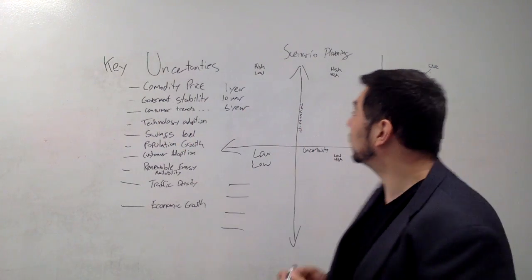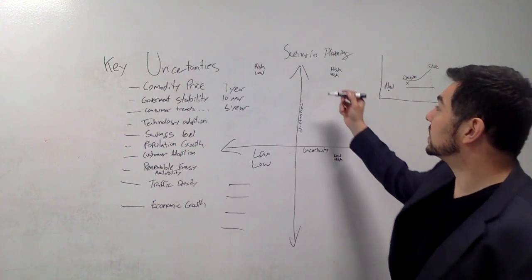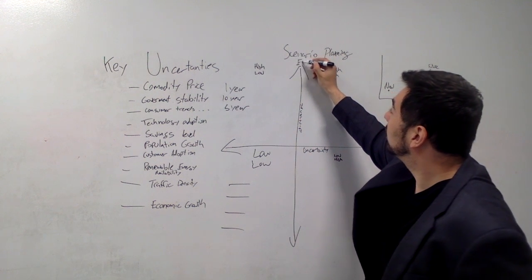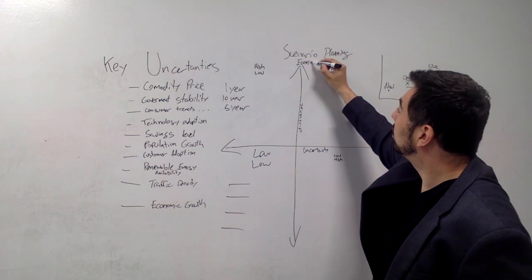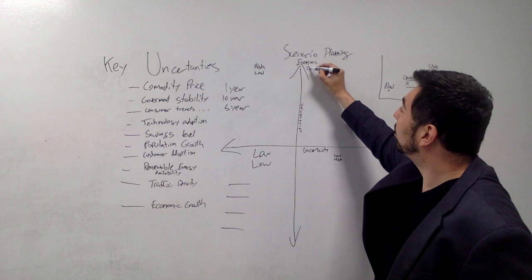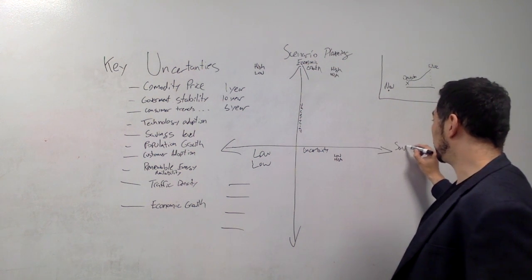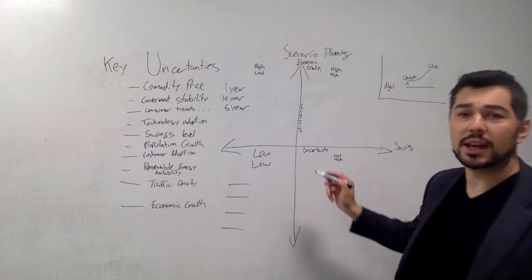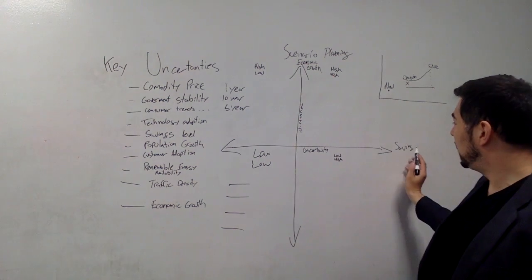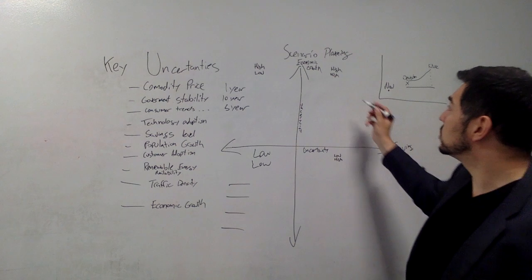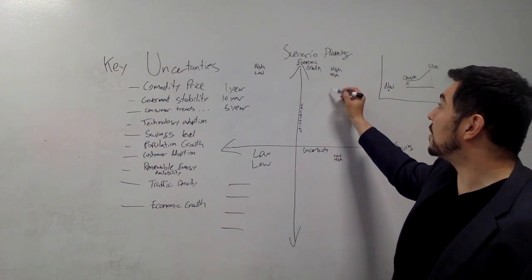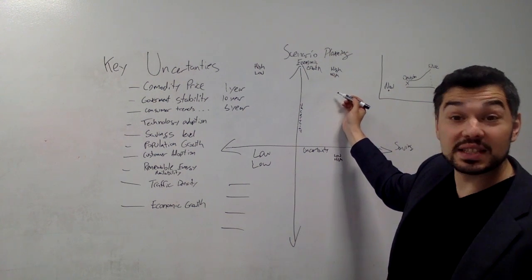So if we come over here and say, let's take economic growth, and then we'll put savings over here. Okay, so we have economic growth on this axis and savings on this axis. So in this area, we have high economic growth and high savings.